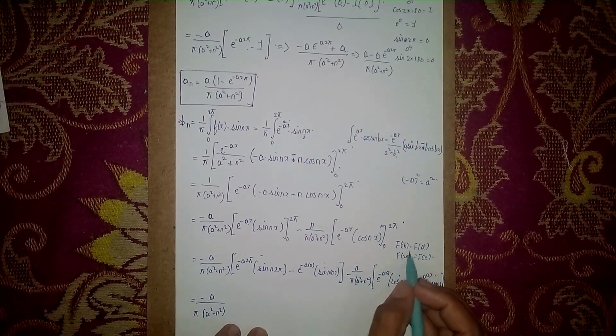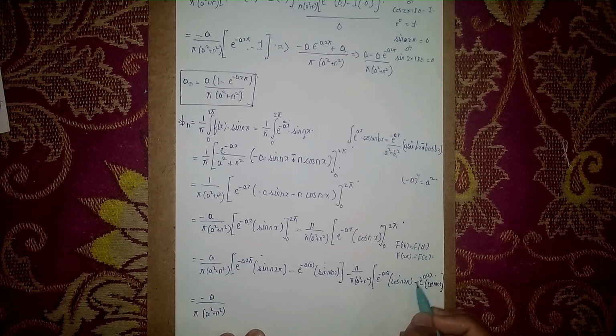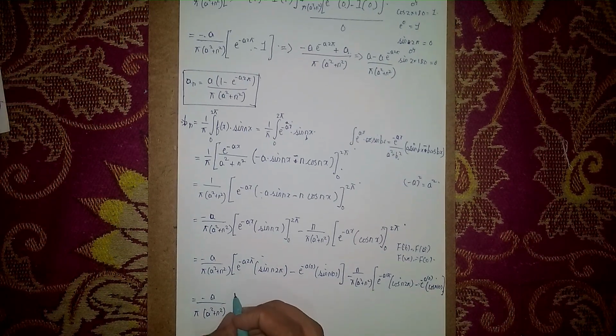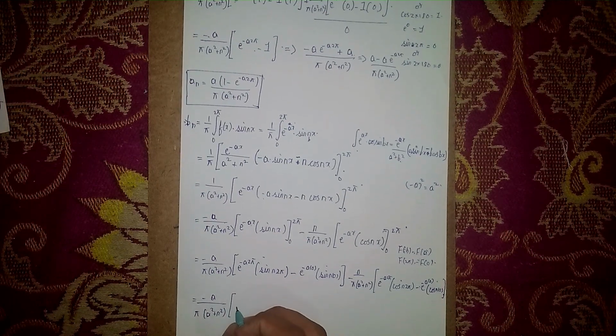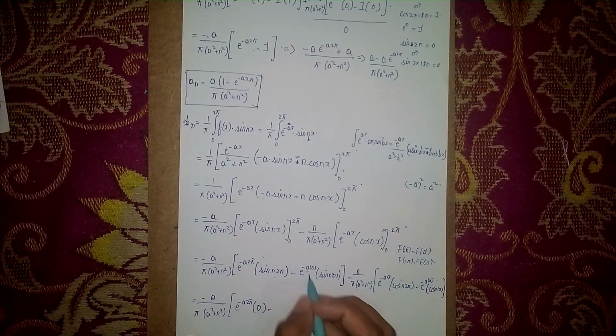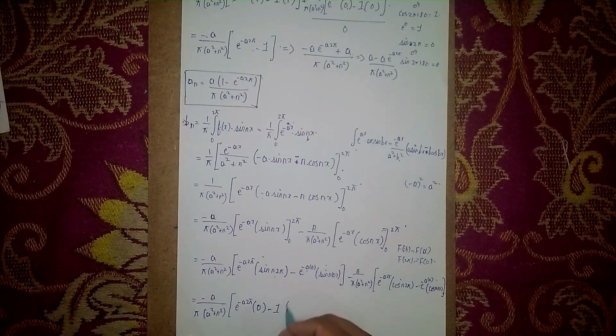Here see, here minus. Here also minus, same like this. I am just applying the limits. After that, open the bracket, a into e power minus a 2 pi sin n 2 pi value. I have just written a, sin 2 pi is equal to 0, minus this is 1, e power minus a into 0, e power 0 is 1, into sin 0 value is 0.